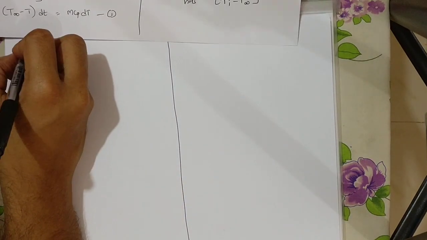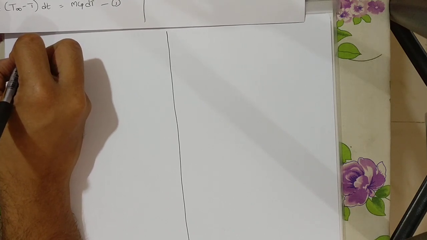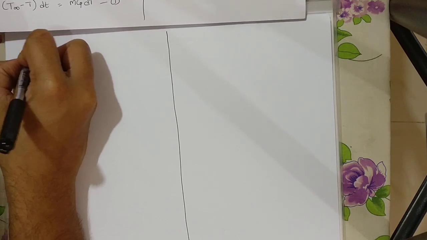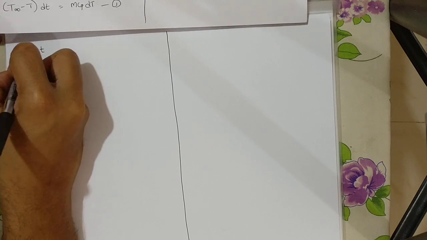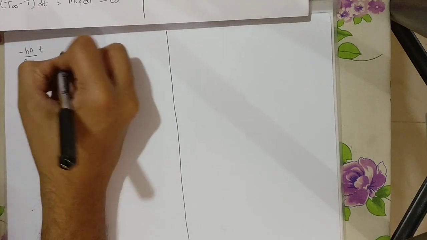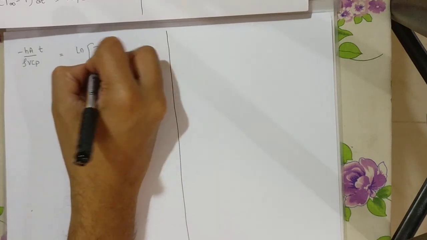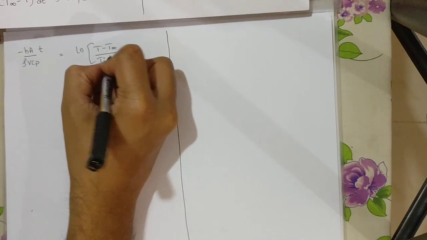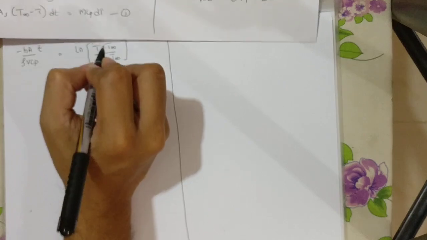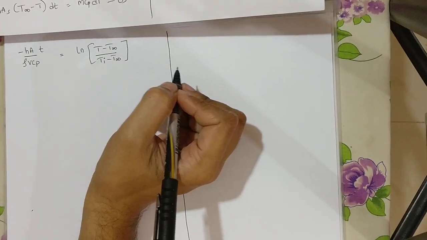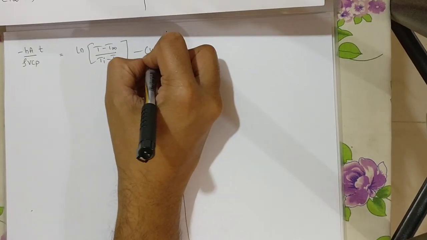How will this look, guys? Minus hA_s t divided by rho V Cp is equal to ln of (T minus T infinity) divided by (Ti minus T infinity). Let me take this as equation number 4.